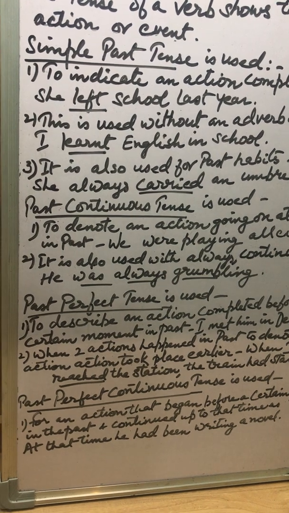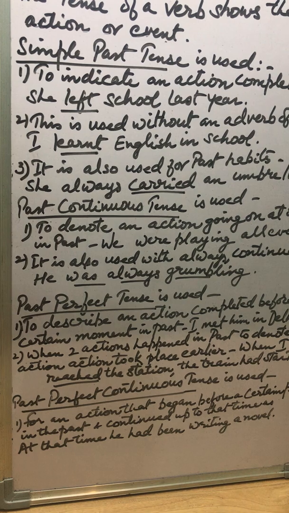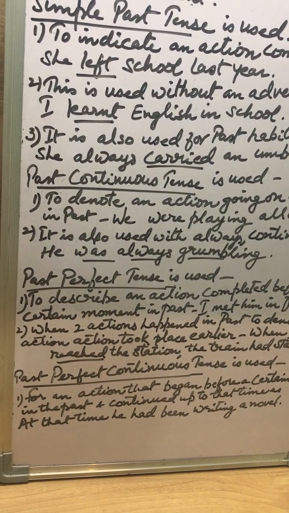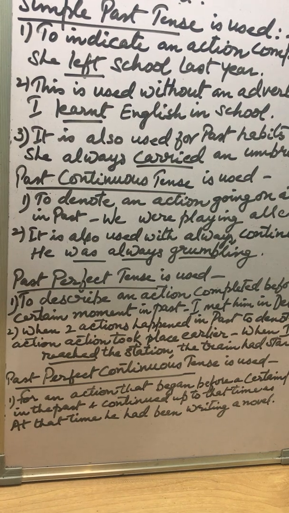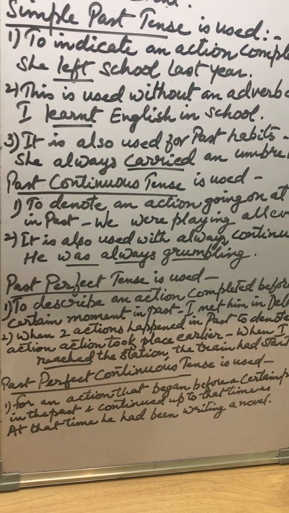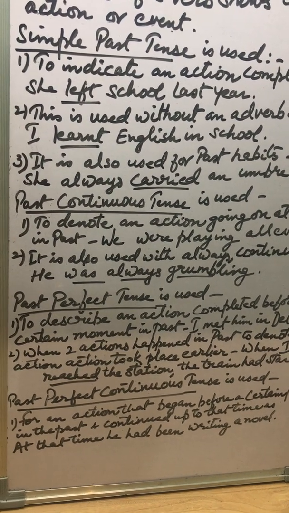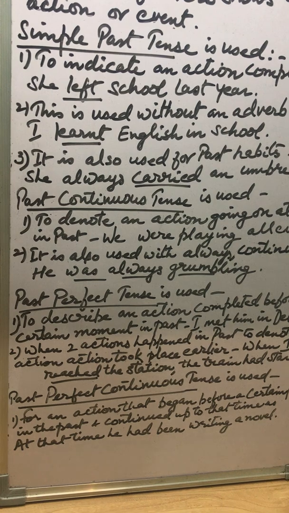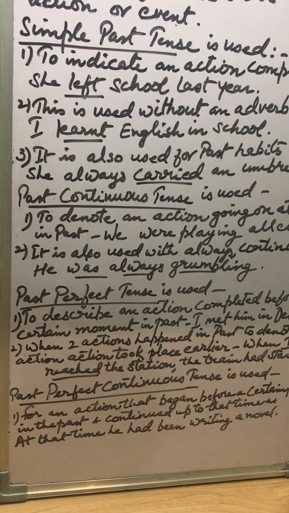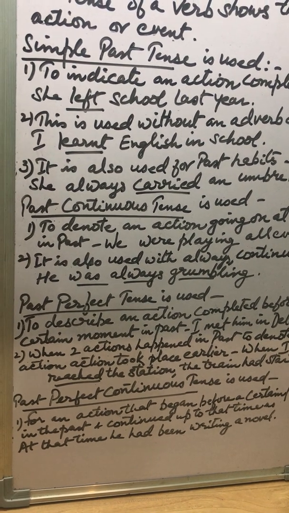As for example, at that time he had been writing a novel. The action began at some particular time in the past and it still continues. It has not finished the work of writing the novel.